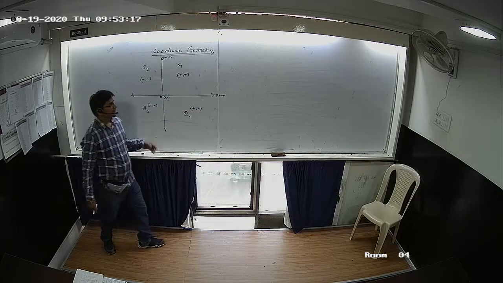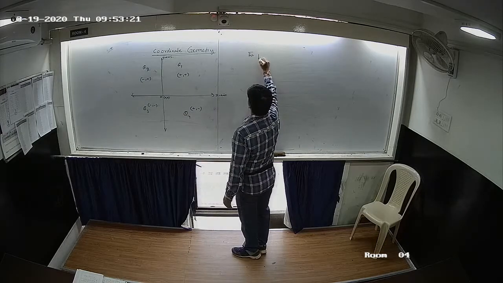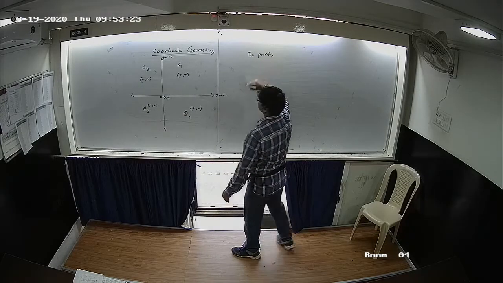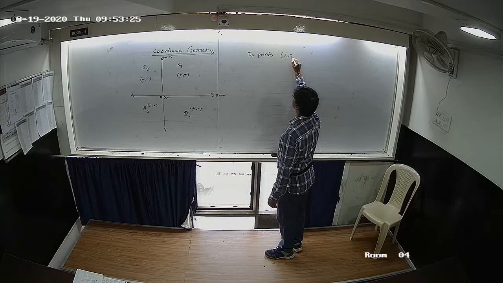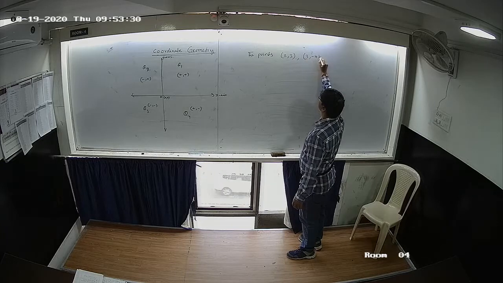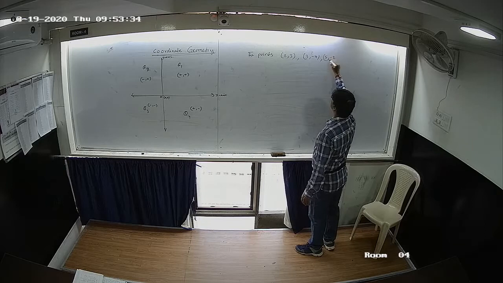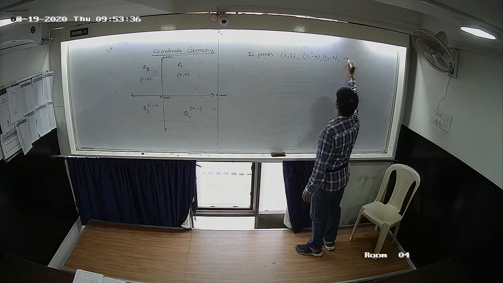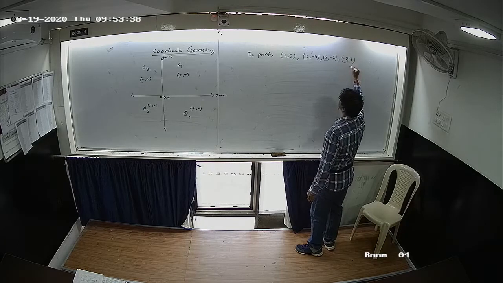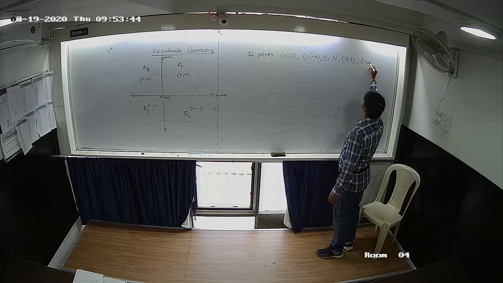So, the points (2, 3), (3, -4), (5, -2), (-2, 7), (-1, -2).